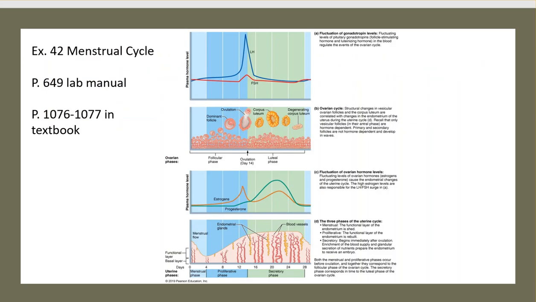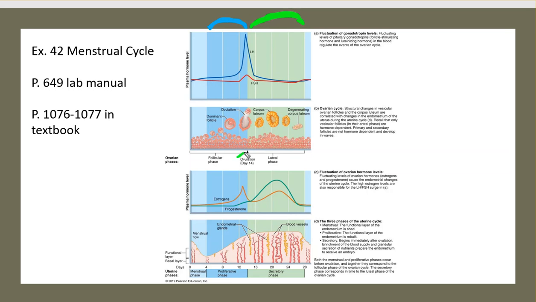First of all, just a reminder, this is a great picture out of your lab manual and your book, and it shows you the color-coding. The blue is the menstrual cycle here, and then the proliferative phase here, and then the secretory phase there.